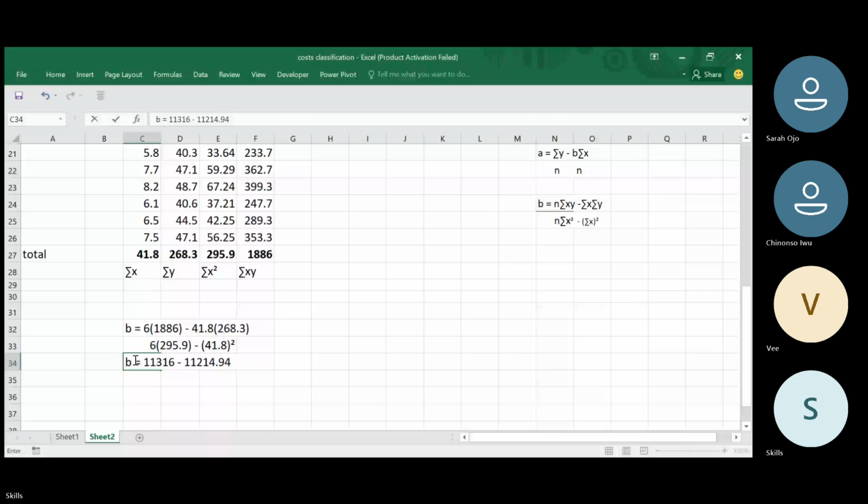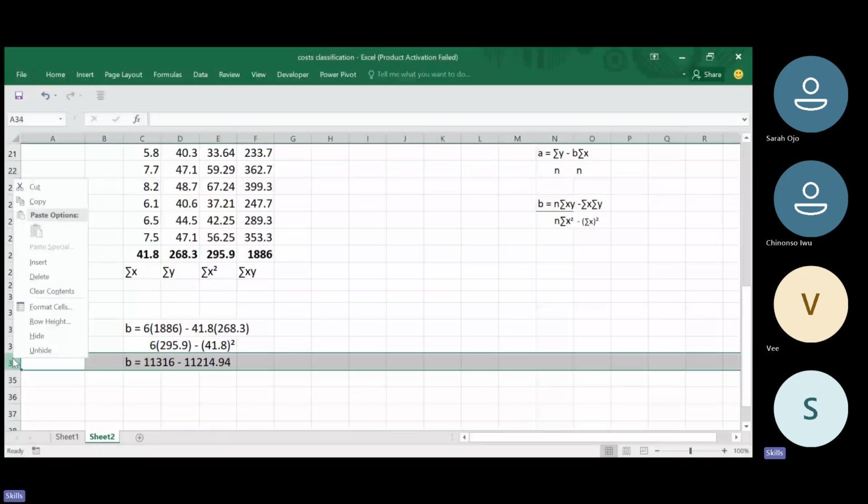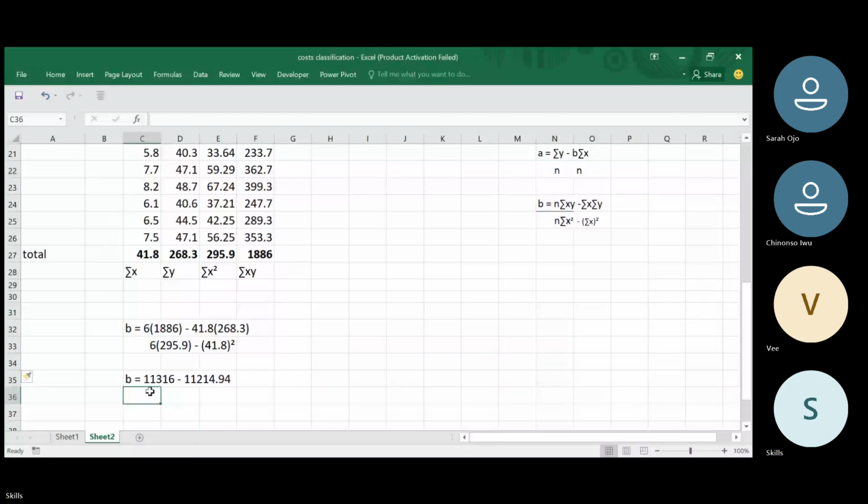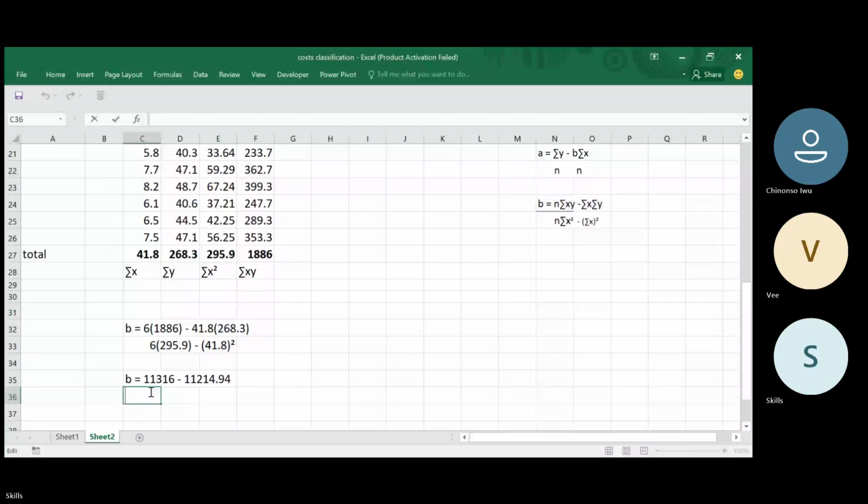Then let me separate this. Good. Then all over 6 times 295.9, we have 1775.4.